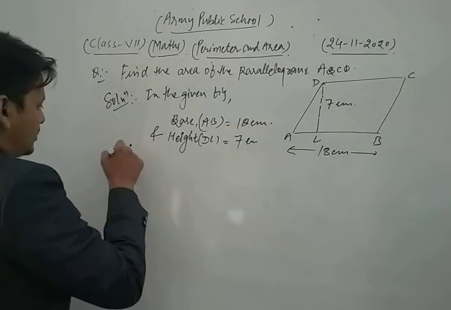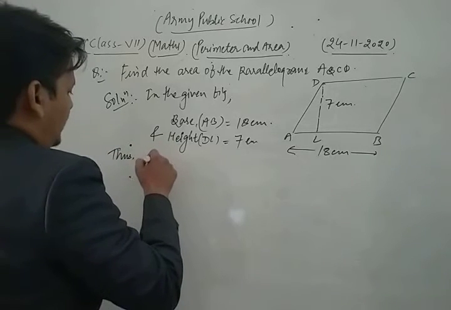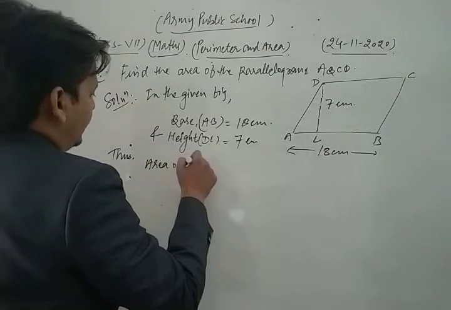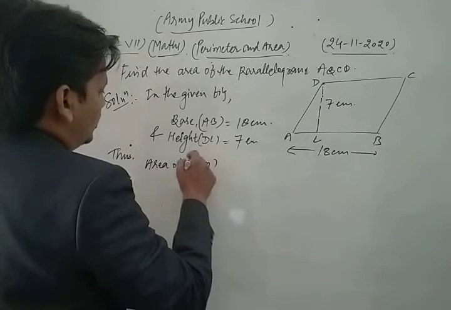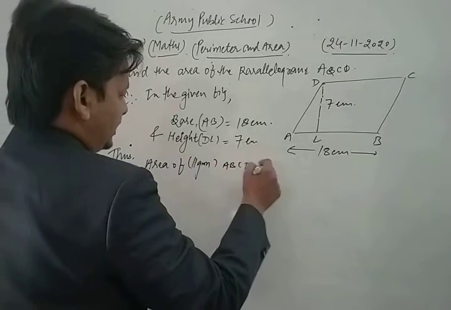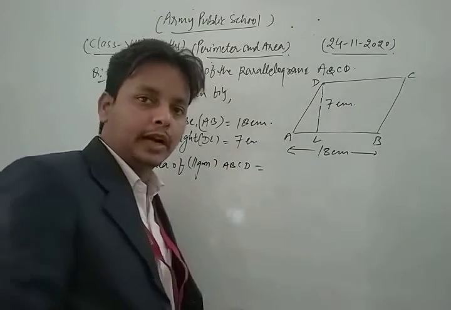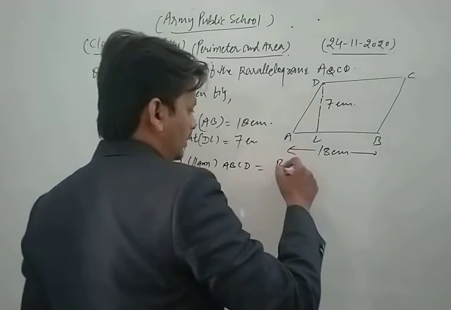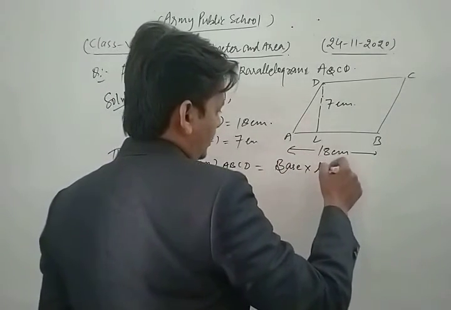Okay, thus the area of parallelogram ABCD. The general formula is base into height. So here we first of all write the formula base into height.